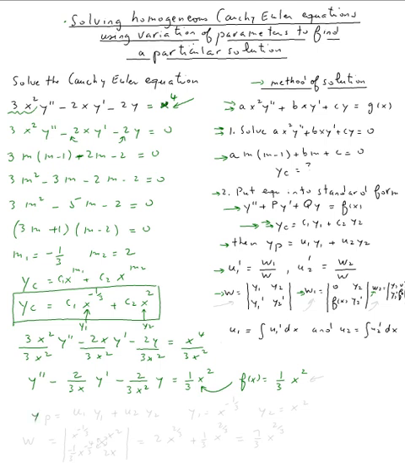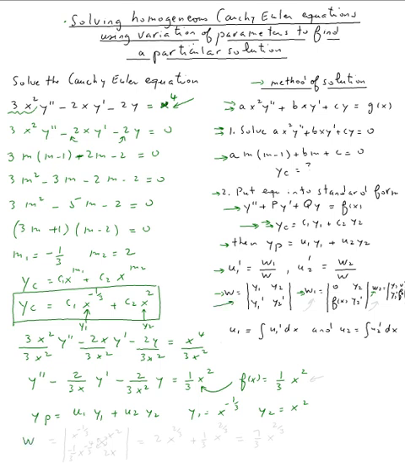And I'm going to assume that yp is equal to u1 times y1 plus u2 times y2. And we know that y1 is x to the negative 1/3, y2 is x squared.